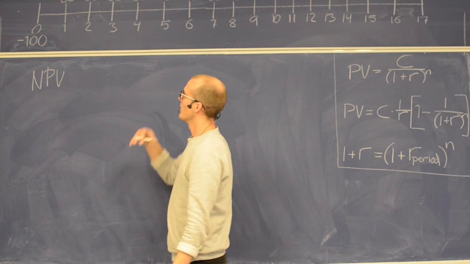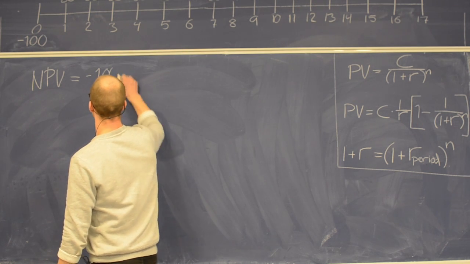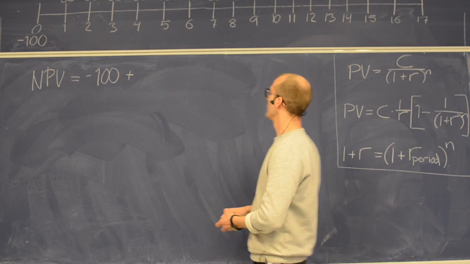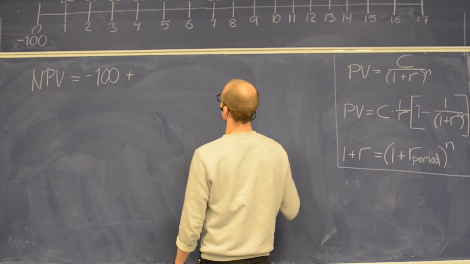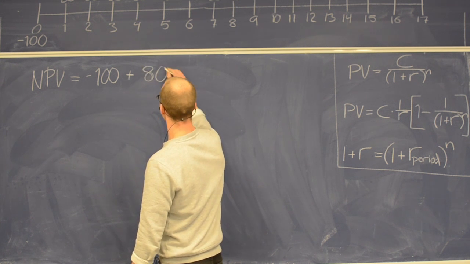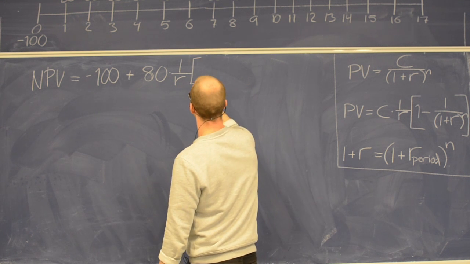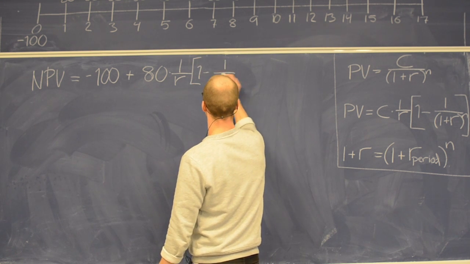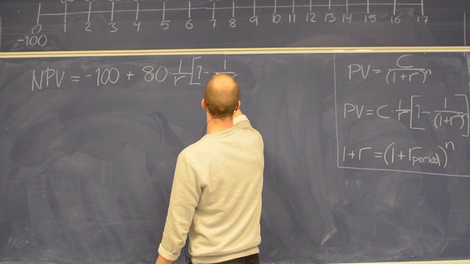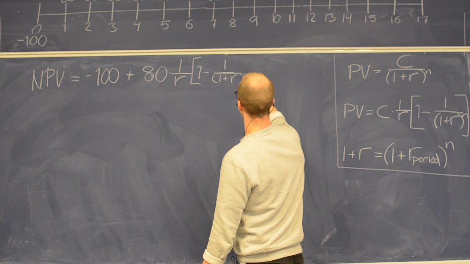The net present value would be the initial outlay, which is minus 100, plus the present value of the annuity of 80s, and then we use this formula: plus 80 times 1 divided by r times 1 minus 1 divided by 1 plus r raised to 17 in our case.